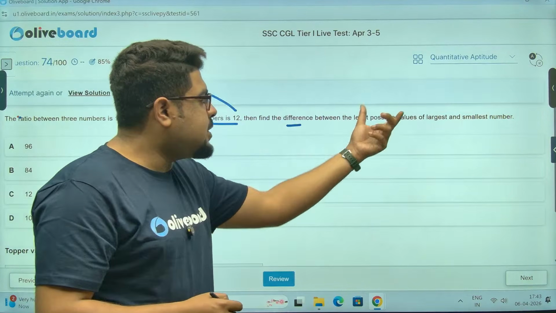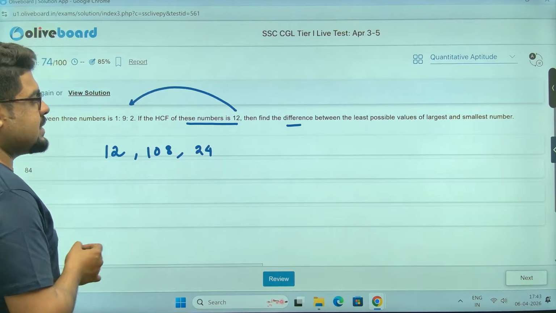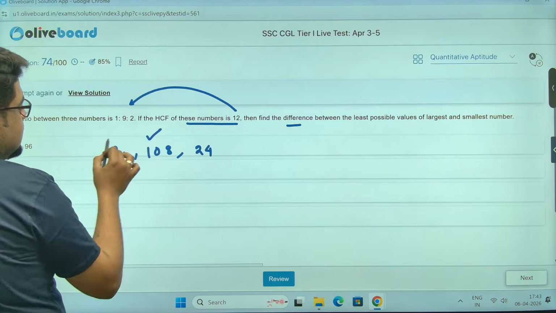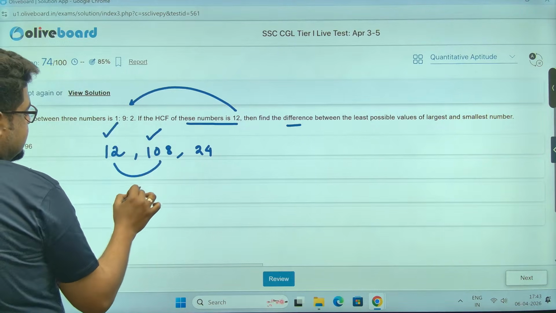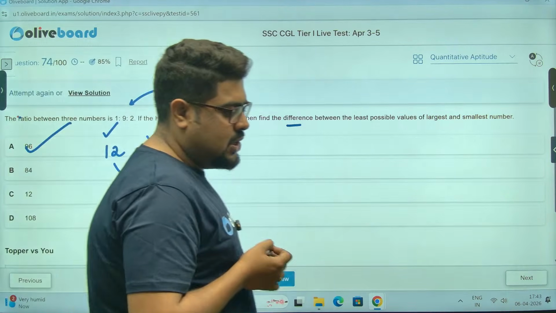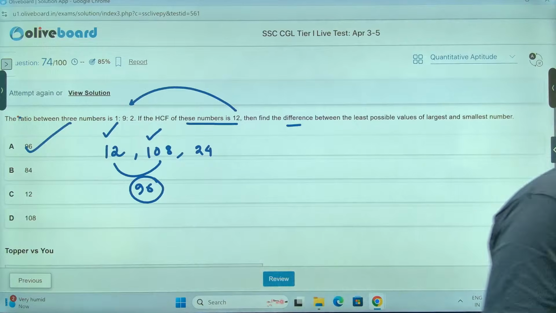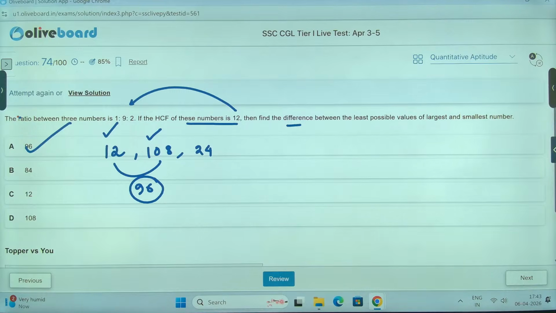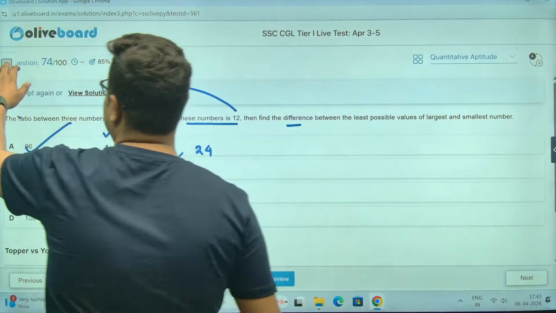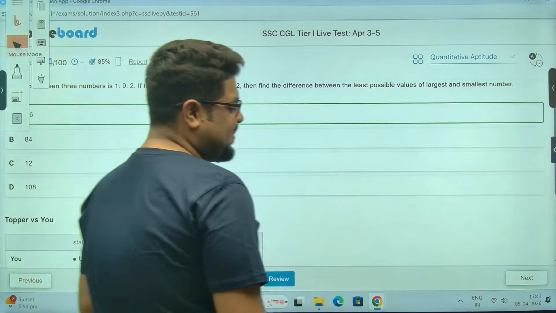Difference between the least possible values of the largest and the smallest number. Largest is this, smallest is this. So the difference is 96. So option A is the answer. Option A undoubtedly is my correct answer, sir. Again, one of the easiest questions of the entire paper.